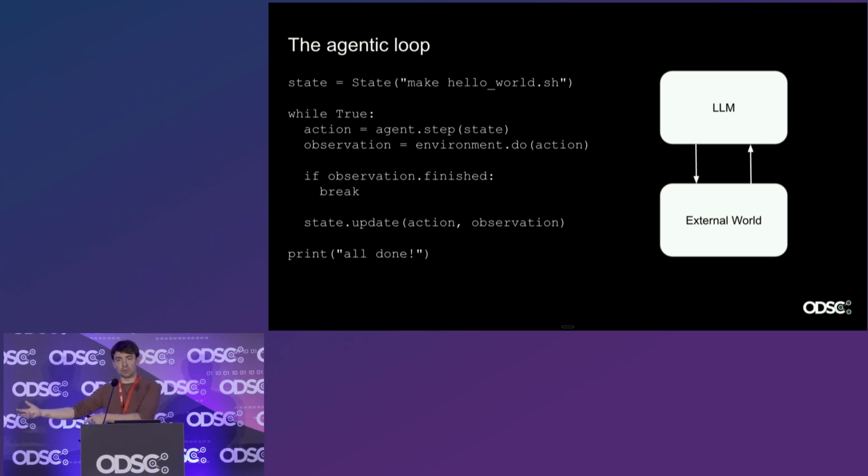We get some output from the real world, the contents of that file, the contents of the web page, the output of the command, and then we stick that back into the LLM for another turn of the loop. We keep iterating here until we reach some kind of finished signal. Maybe the LLM has signaled, okay, I think I'm done, or the tests are now passing, whatever else. But it's this loop between the LLM and the real world.